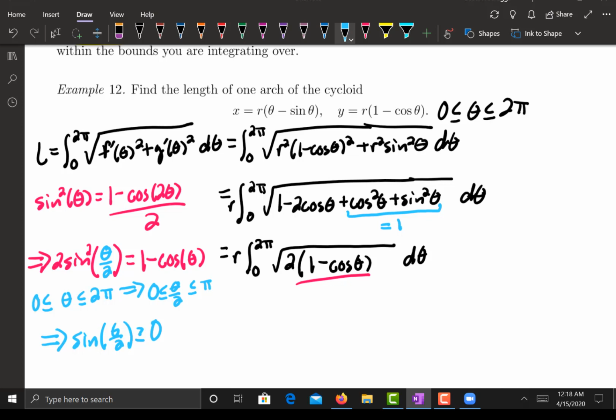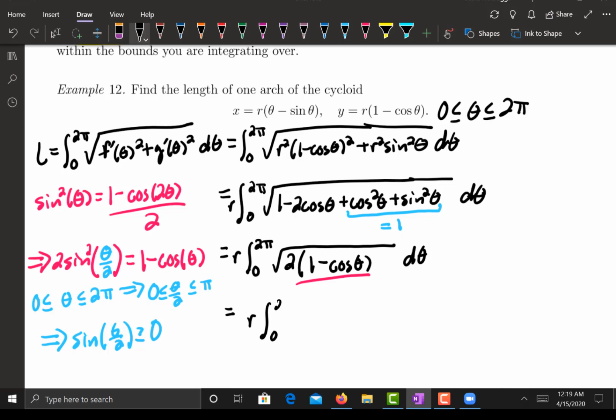On my unit circle, sine corresponds to the y value, and 0 to pi is the top half, which means that all y values are positive. And so that guarantees that when I take the sine squared of theta over 2 outside of the radical, I don't have to worry about an absolute value.